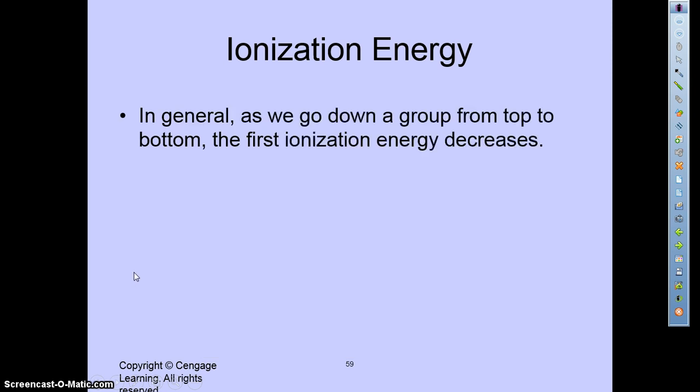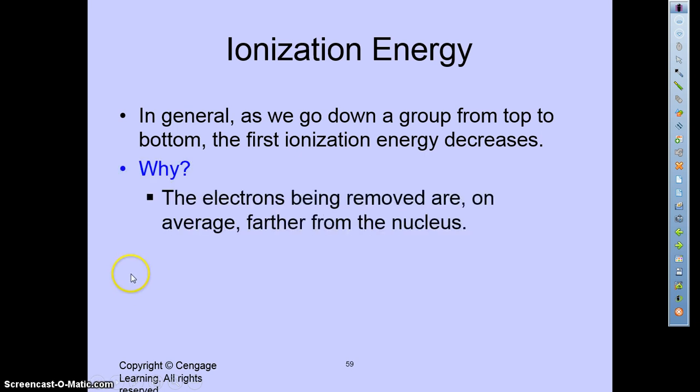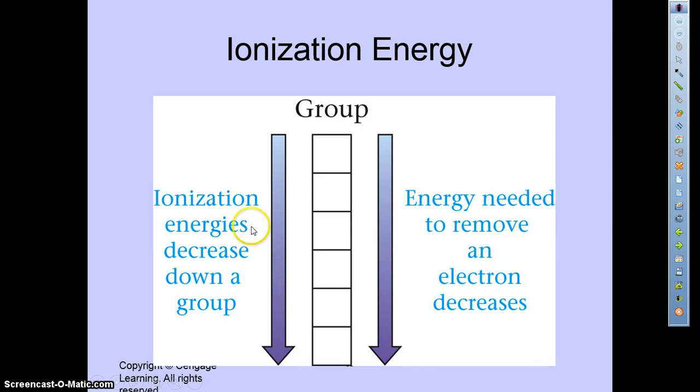In general, as we go from top to bottom, or down a group, the first ionization energy decreases. Let's see why that would happen. The electrons being removed are, on average, farther from the nucleus, so it's easier to take them away, so the ionization energy decreases.